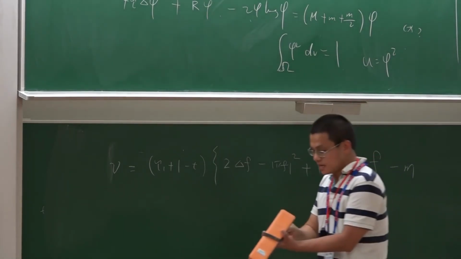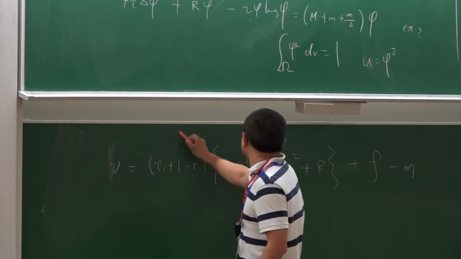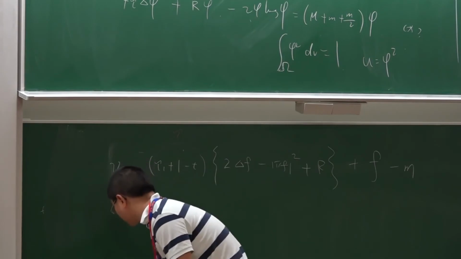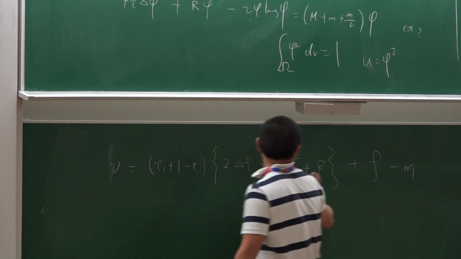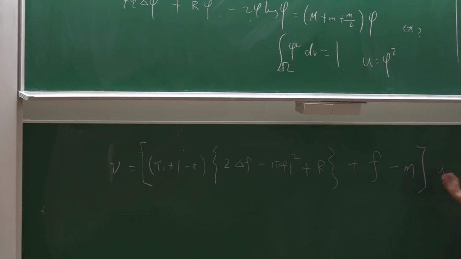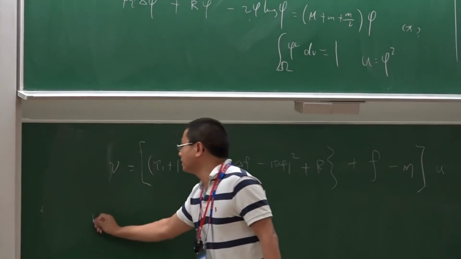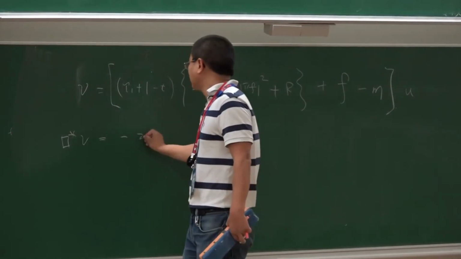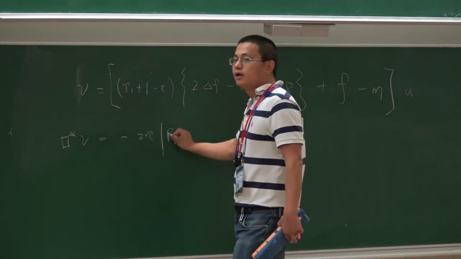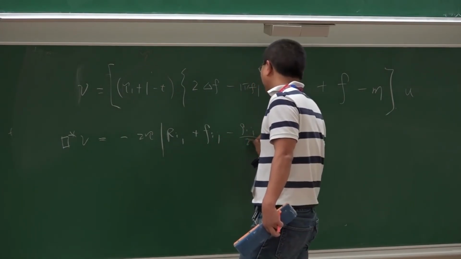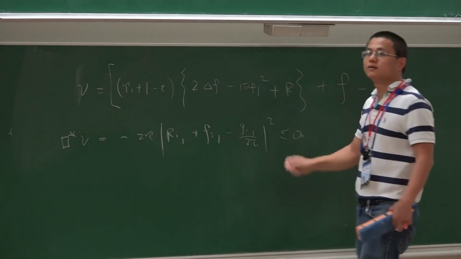Okay, so let's see. Suppose this is τ, then this is a function defined by Perelman. If this is τ, then you multiply this by u. This is a function defined by Perelman, right? Then Perelman showed that the square star of v is negative 2τ times |R_ij + f_ij − g_ij/(2τ)|² u, which is less than 0.